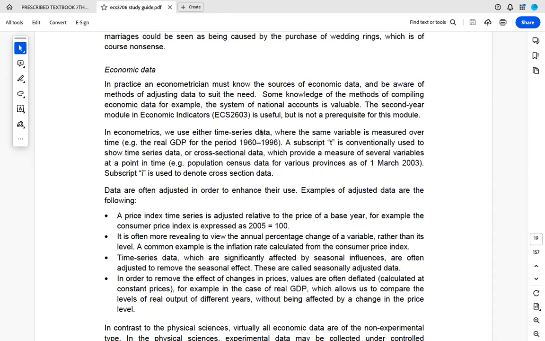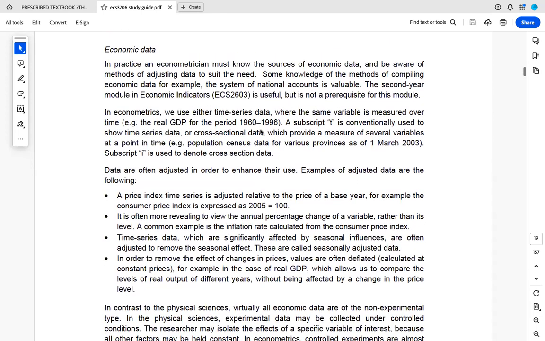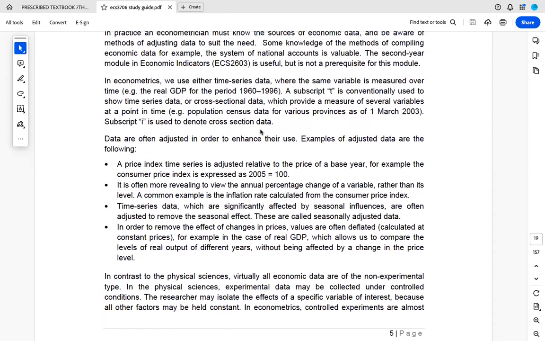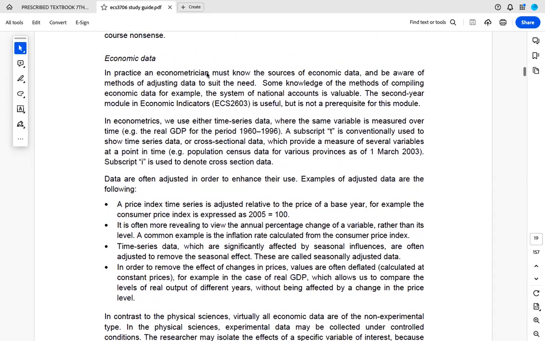And then we also have data which is not time series data. If data is not time series data, we usually call that cross-sectional data. Now, cross-sectional data can also be used in estimating regression parameters.